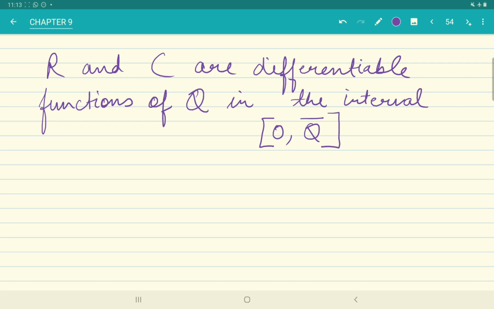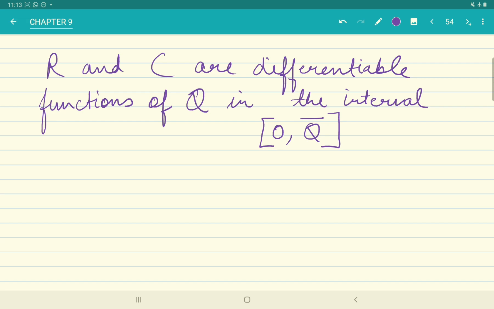Theoretically it is possible that the maximum value occurs at Q is equal to 0, or at Q is equal to Q bar.